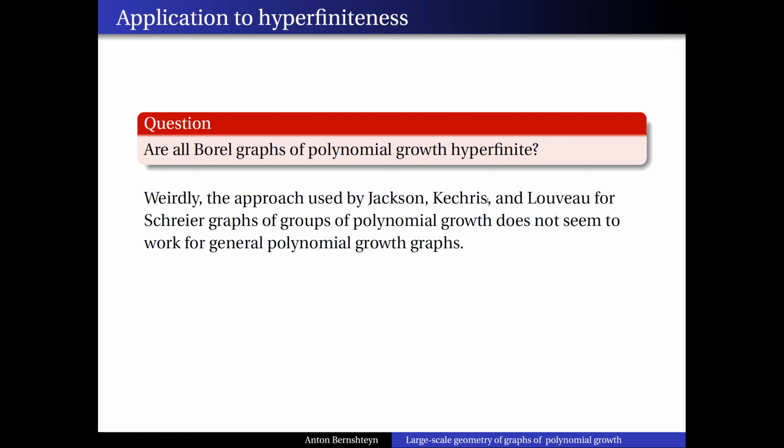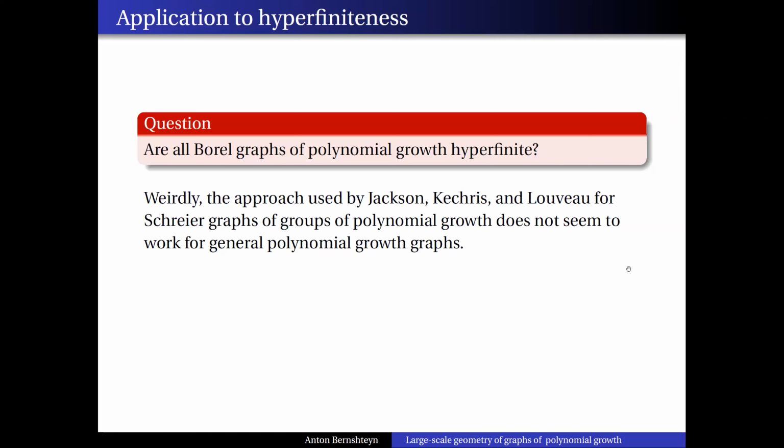It's a bit weird, but the approach in the Jackson, Kekris, Louveau proof, although it works for Schreier graphs of groups, does not work for arbitrary graphs of polynomial growth. It doesn't use that much group theory, but the proof requires the graph to be uniform a little bit, to look the same everywhere, which in general doesn't have to hold for a Borel graph of polynomial growth.